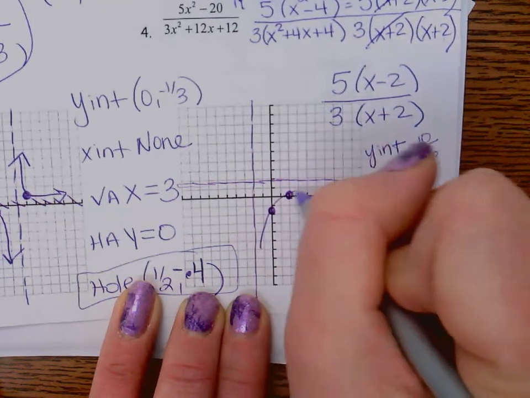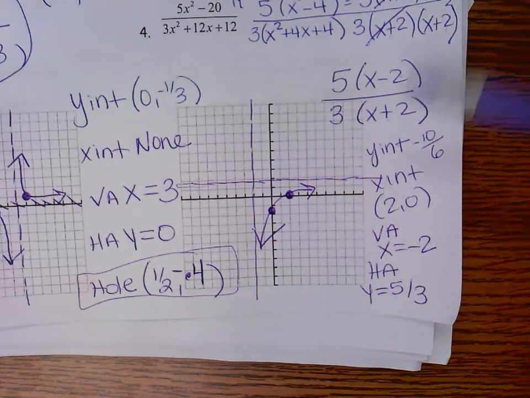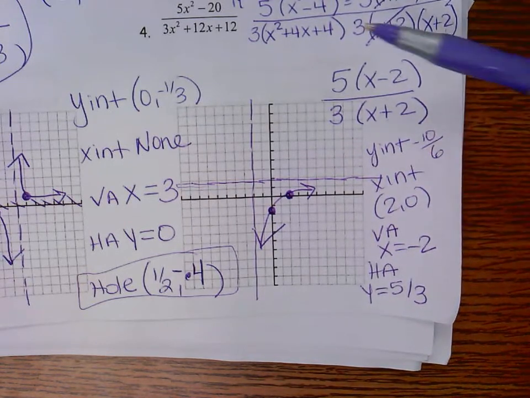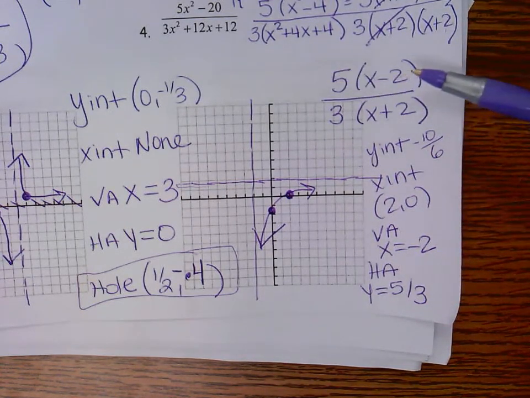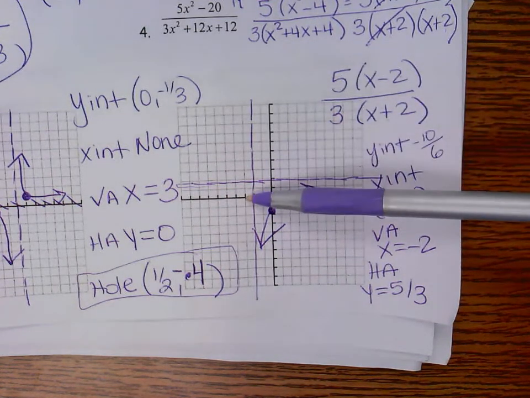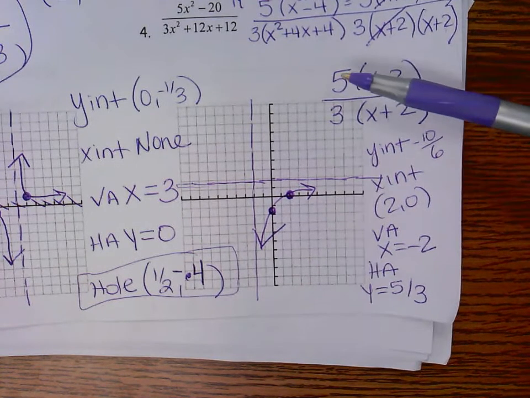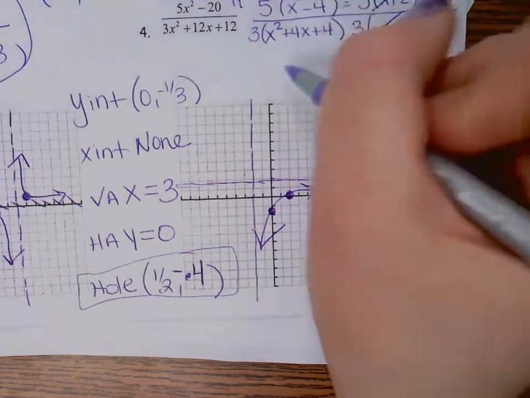So elbow, I guess the tricky part maybe was the -10 sixths. When you plug in 0, you get -10 over 6. Let's see, I have to plug in -3. So if I plug in -3, I have 5 times -5 is -25.